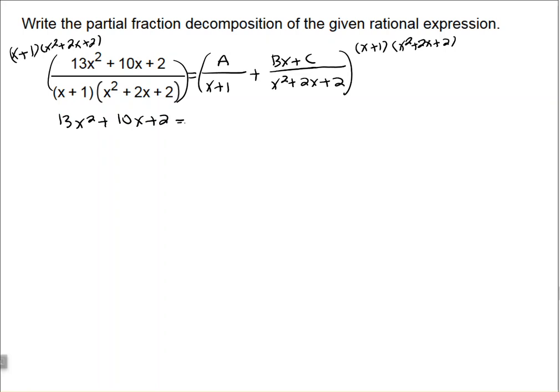Distribute on the right-hand side. So from the first fraction, we would end up with a times x squared plus 2x plus 2. On the second fraction there, we would end up with bx plus c times x plus 1.